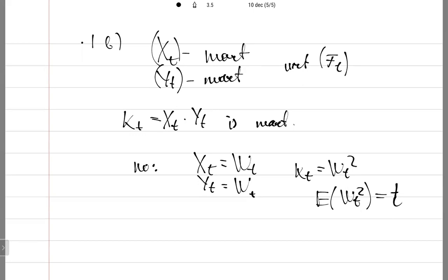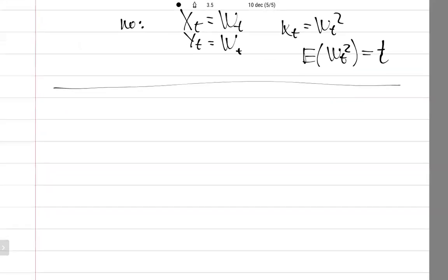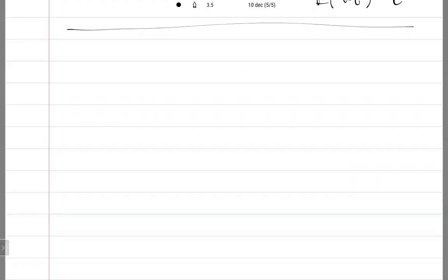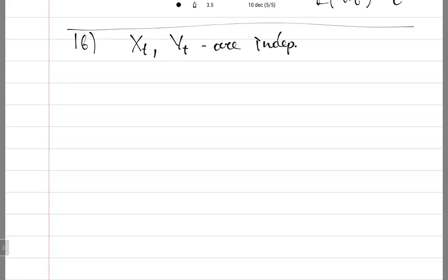Okay, thank you. But if Xt and Yt are independent, this would be a martingale. I think not, not always. It will be a little bit more difficult to construct a counterexample, but I feel the answer is no. Let's try, it's a good question. 1b: you know that Xt and Yt are independent martingales.